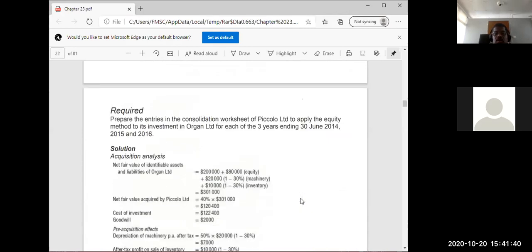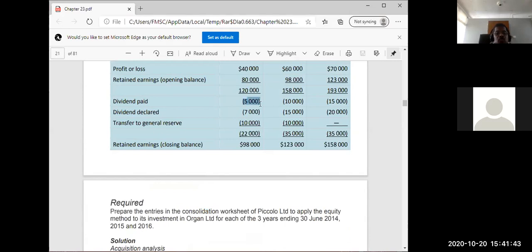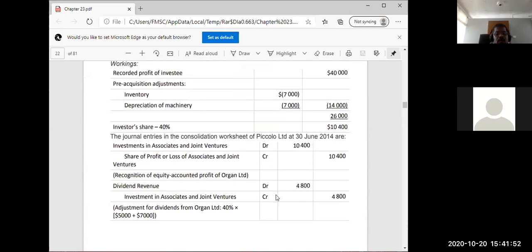Basically, you see the dividends 5,000 paid and 7,000 declared, so altogether it's 12,000. From 12,000, when you calculate the 40%, of course you get 4,800. When you prepare the consolidated financial statement in the investor's books, you debit the dividend revenue account and credit the investment account. Is it clear?